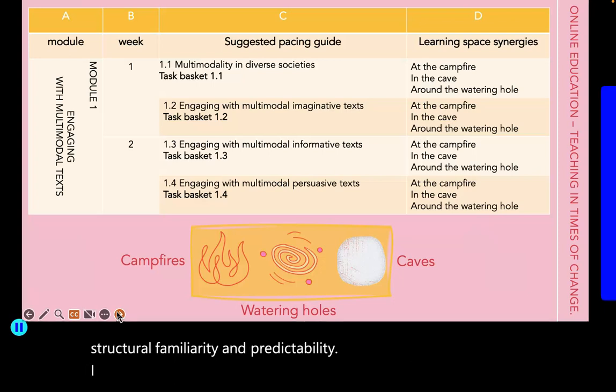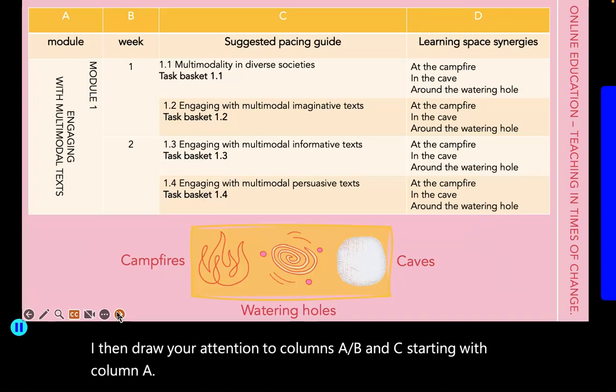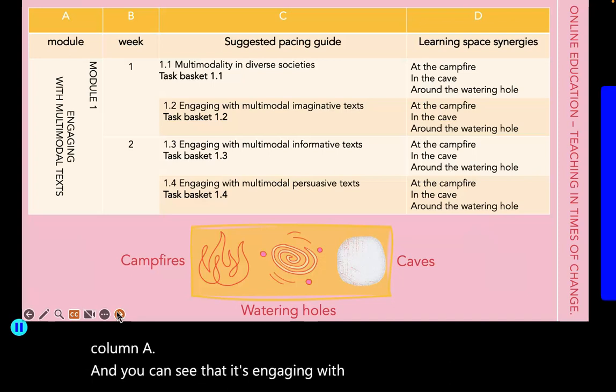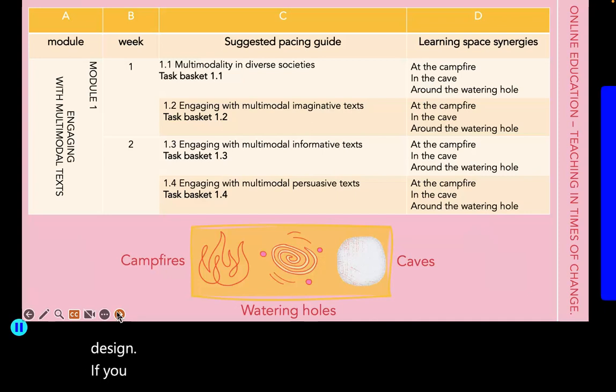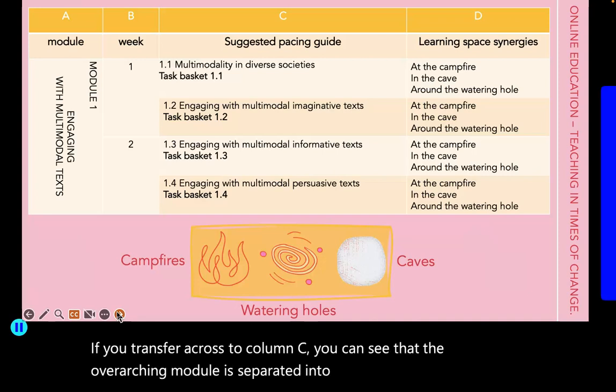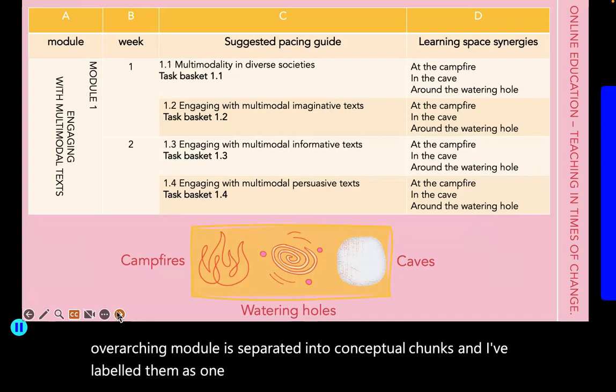I then draw your attention to columns A, B, and C, starting with column A. And you can see that it's engaging with a particular module design. If you transfer across to column C, you can see that the overarching module is separated into conceptual chunks, and I've labelled them as 1.1, 1.2, 1.3, 1.4 in this example.